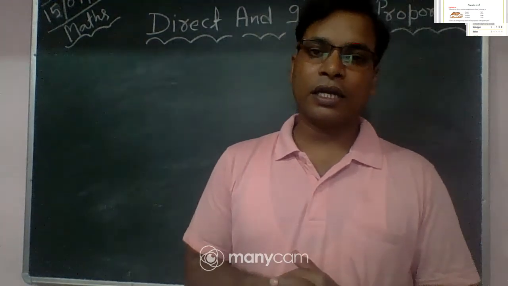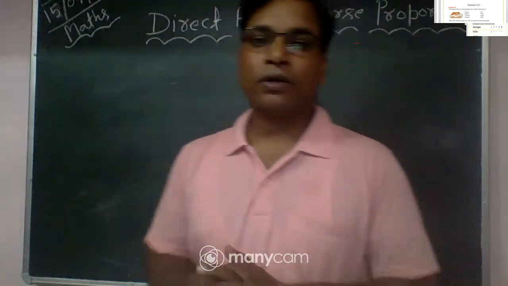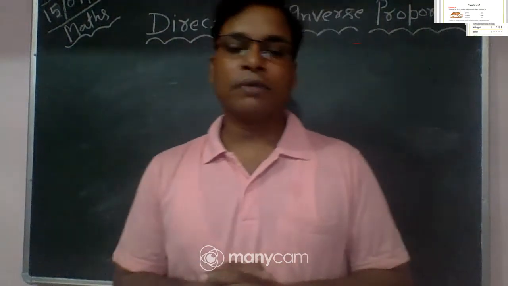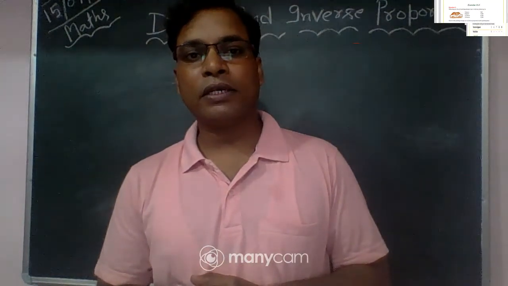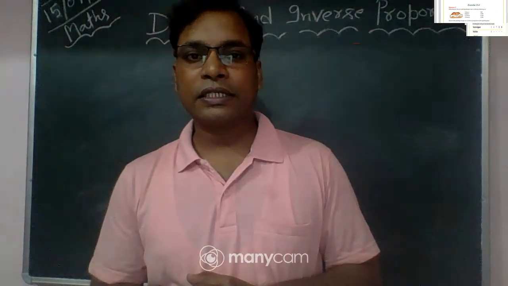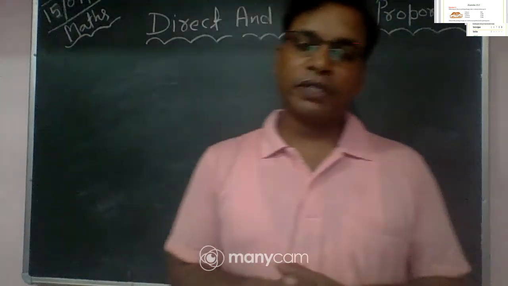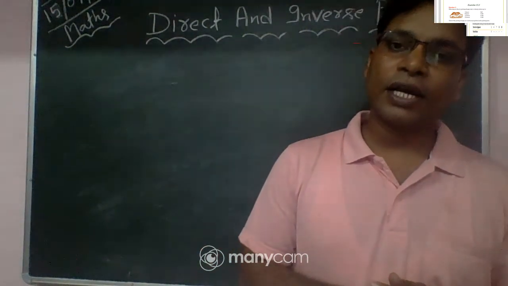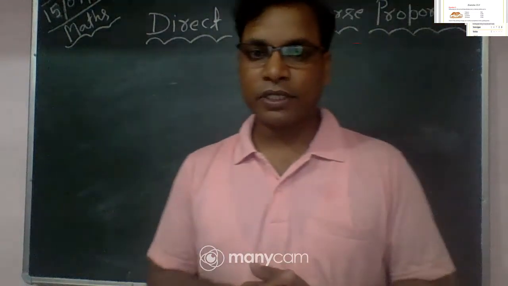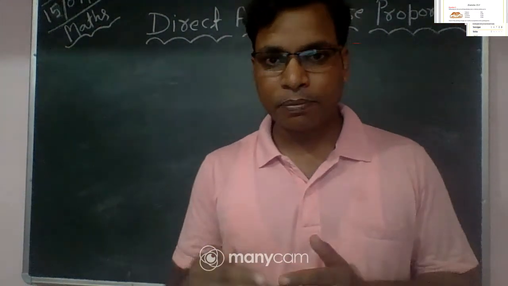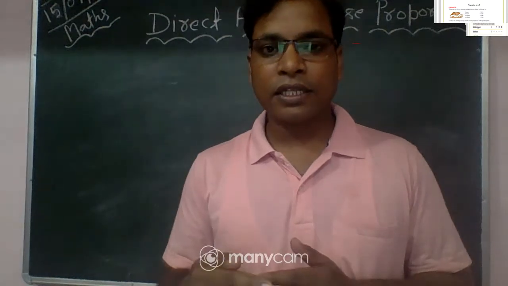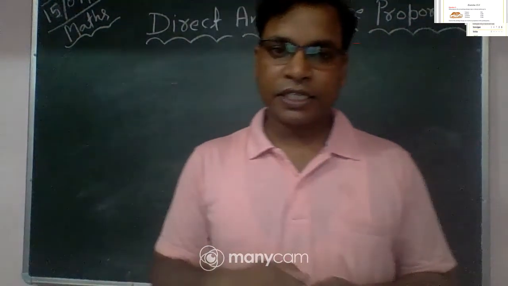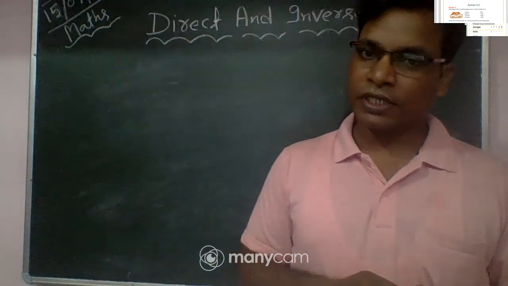If two pens cost 10 rupees, then four pens cost 20 rupees, and one pen will cost 5 rupees. So you can see here, as the number of pens increases, the cost also increases. As the number of pens decreases, the cost also decreases.